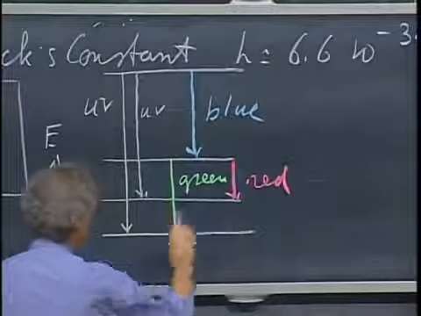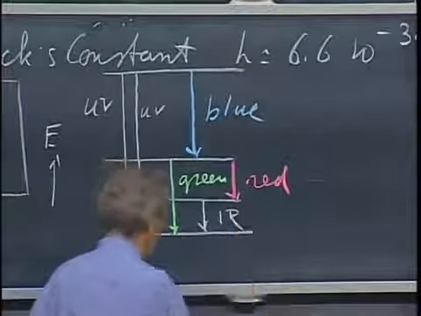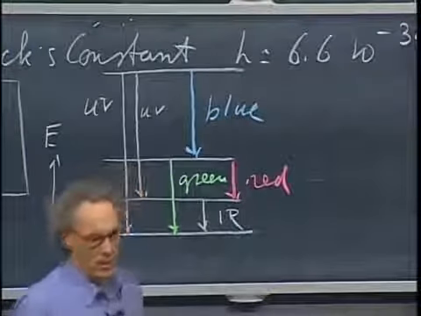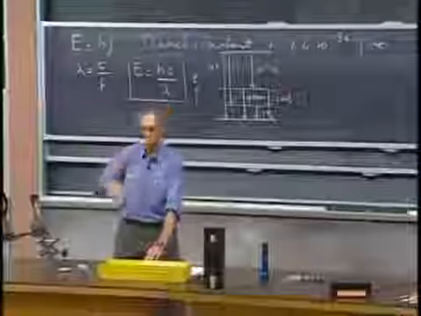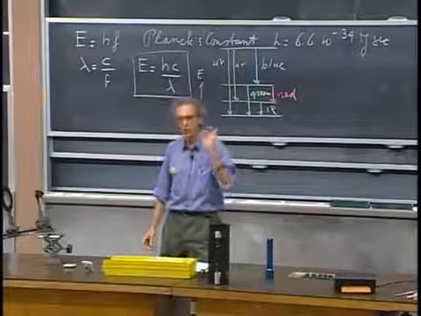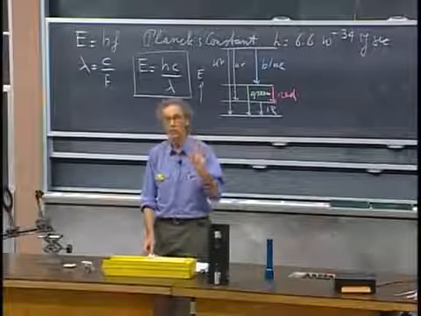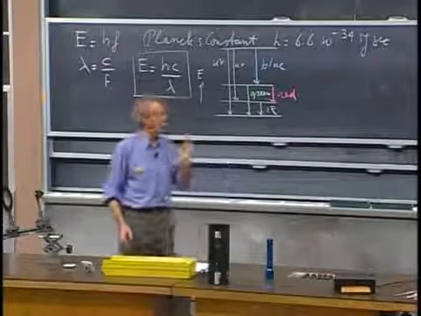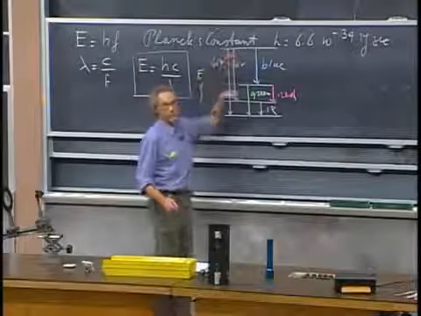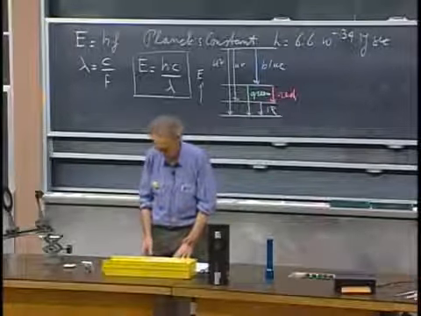And the jump from here to here, which is even less, may again be invisible. So this may be infrared. And so as the electrons fall from outer orbits to inner orbits, you expect very discrete energies to come out, very discrete wavelengths. And these wavelengths that you would see correspond then to these allowed transitions between these energy levels.